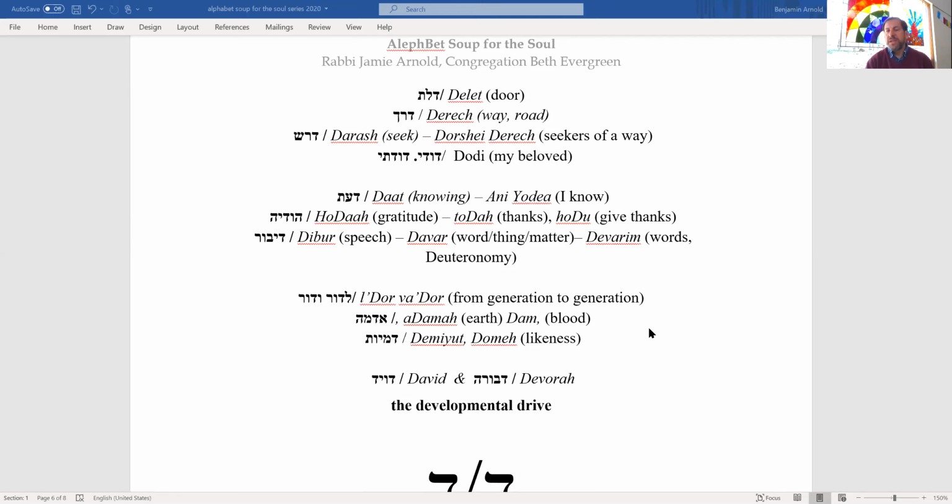And in addition to that strength of leadership, he also had this gift with poetry and song, with words, with dibur, with speech. It was said that Saul, the king prior to him, called upon David to play his instrument and to sing and offer his comforting words whenever he felt agitated or couldn't sleep.